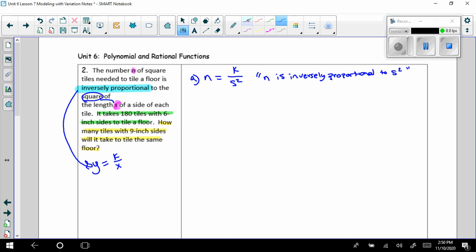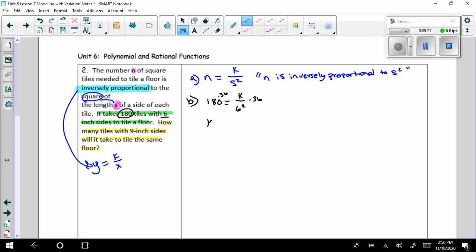All right, so we're going to plug in what we know and solve for k. It takes 180 of the 6-inch side tiles, so 180 for n, and k over 6 squared. This is 36, so we're going to multiply both sides of this equation by 36.